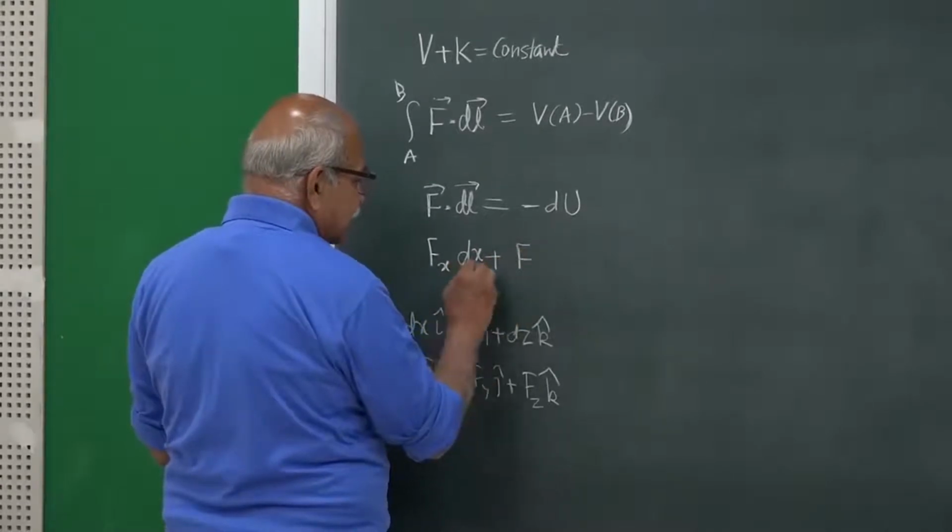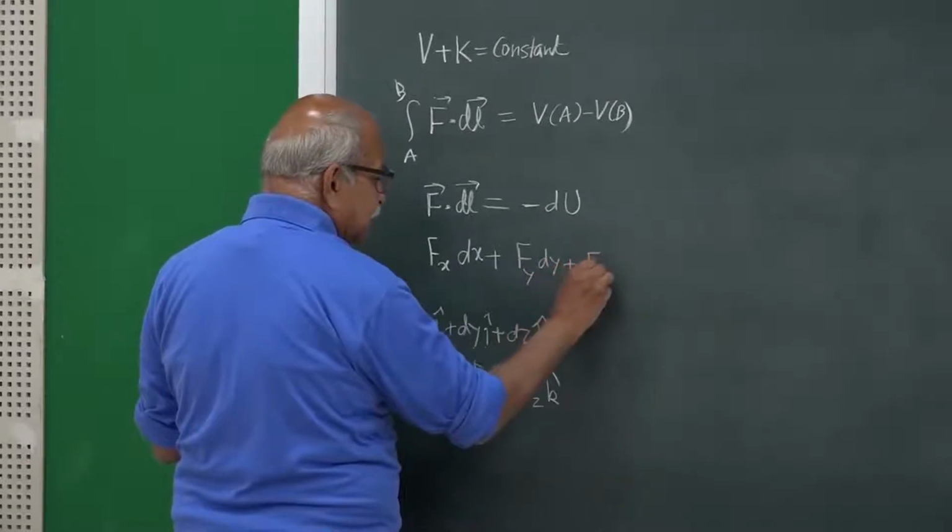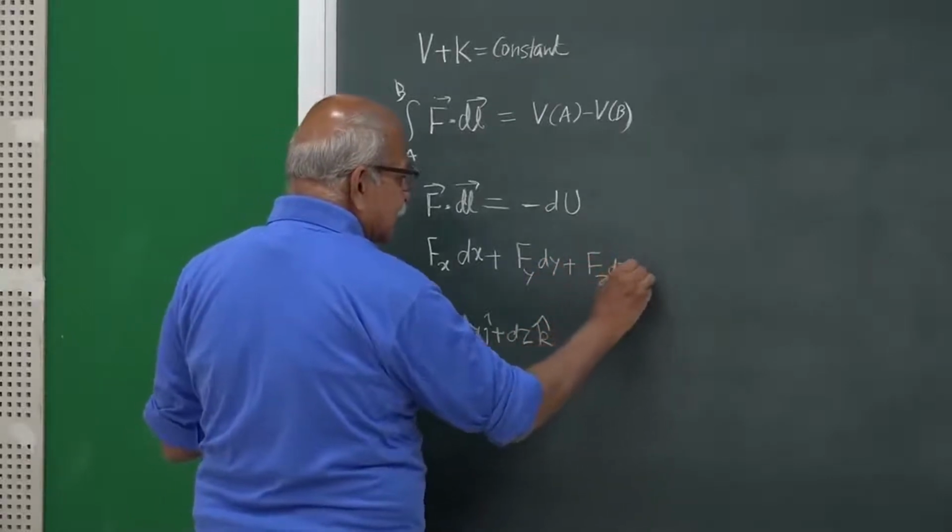So, this is Fx dx plus Fy dy plus Fz dz, this is minus dV.